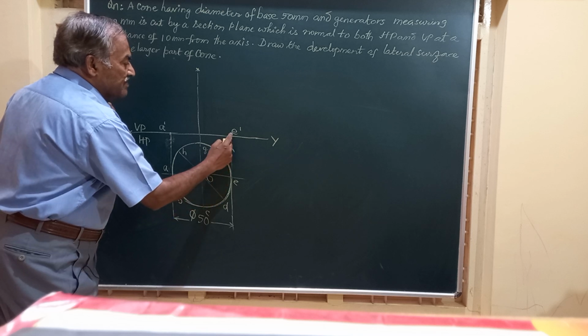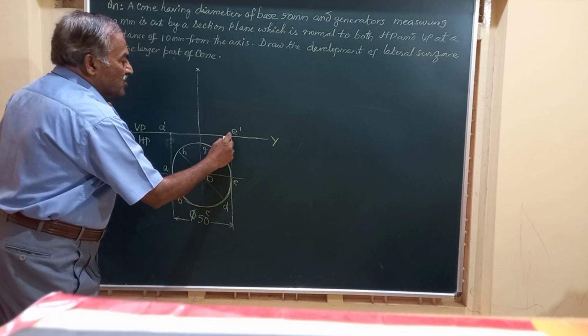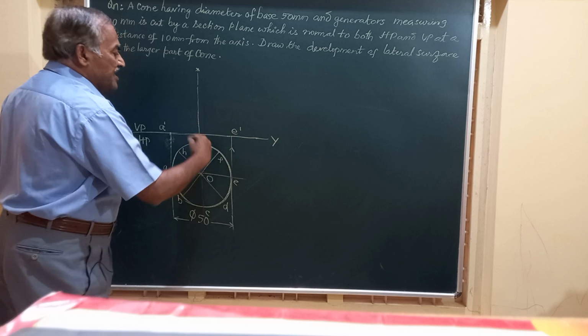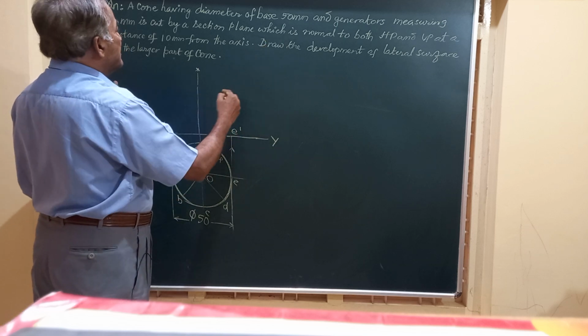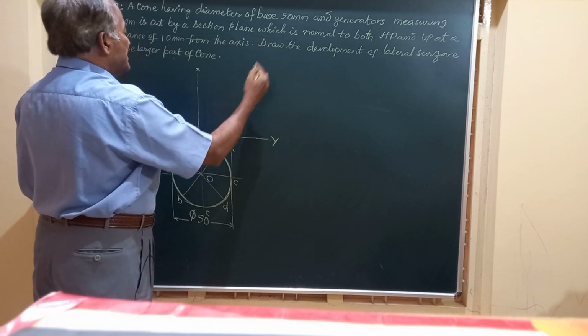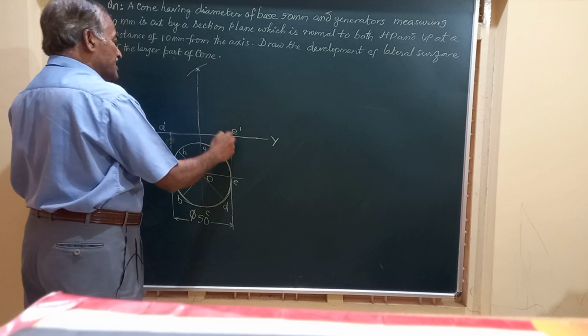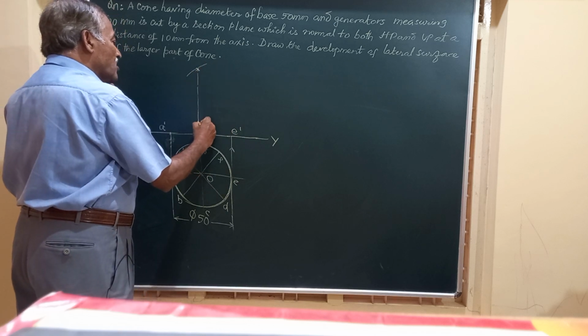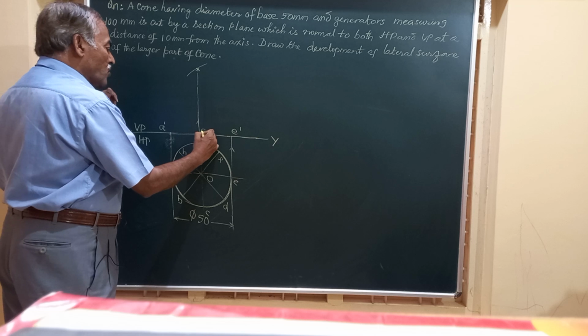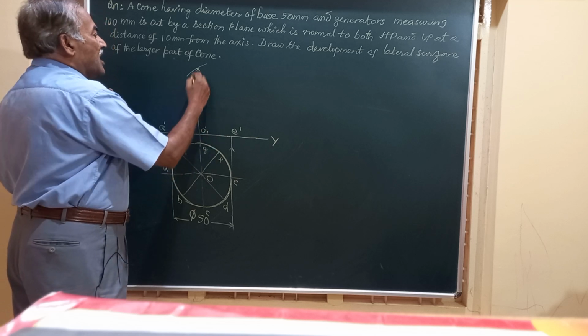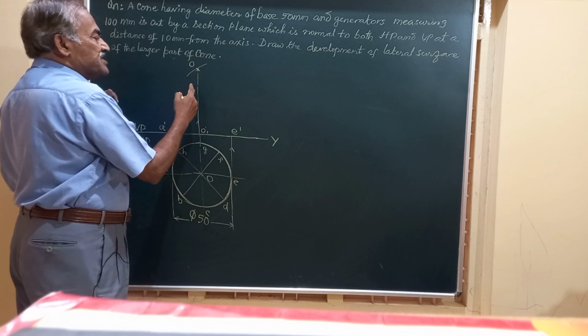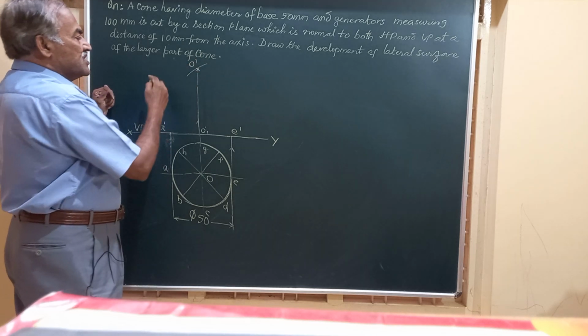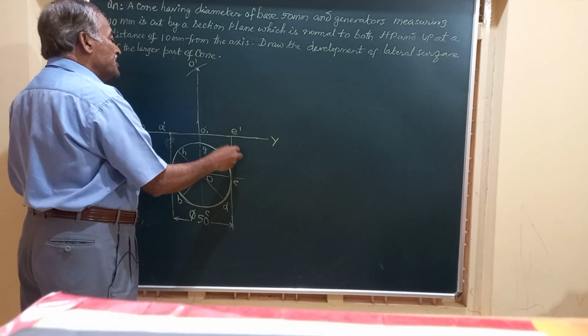So I've got a point on that. Now with this as center and radius equal to the slant generator length, you can strike an arc to cut the vertical line drawn through this point O1 dash at O dash. O dash represents the front view of the apex.